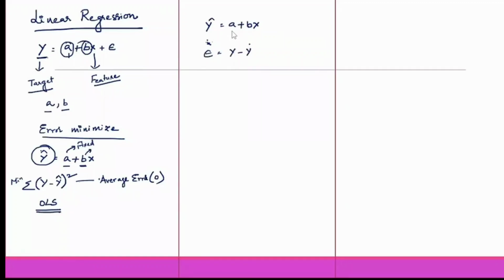If you want to minimize your error, you want to minimize epsilon, which means you can very well say I want to minimize y minus (a plus bx) whole square.